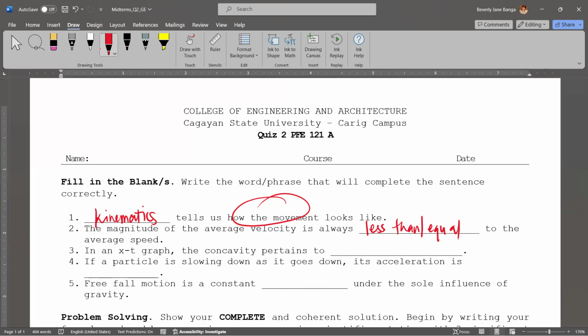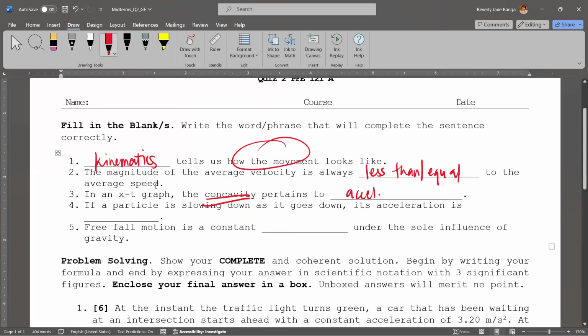In an x-t graph, the concavity or the curvature pertains to acceleration. If a particle is slowing down as it goes down, its acceleration is negative, because it goes down, so this is negative.